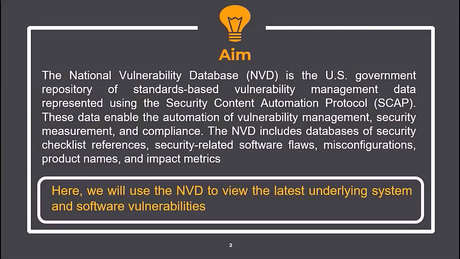This data enables the automation of vulnerability management, security measurement, and compliance. The NVD includes databases of security checklist references, security-related software flaws, misconfigurations, product names, and impact metrics. In this video, we will use the NVD to view the latest underlying system and software vulnerabilities.